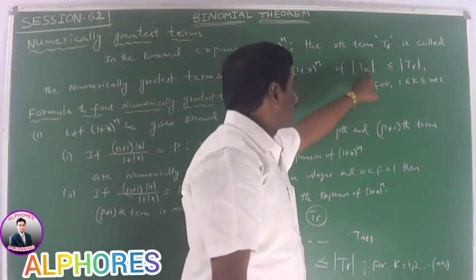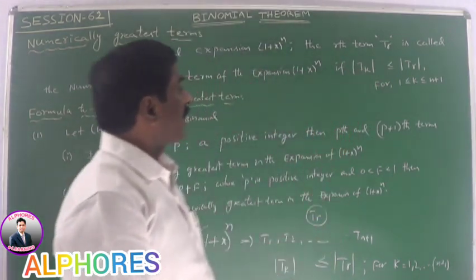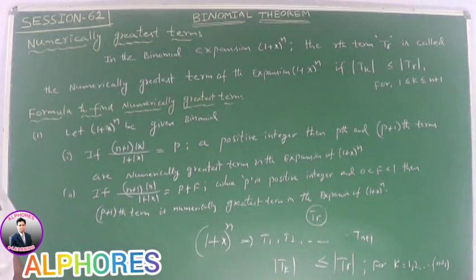That means t1, t2, t3, and so on up to t(n+1) are all less than this value.